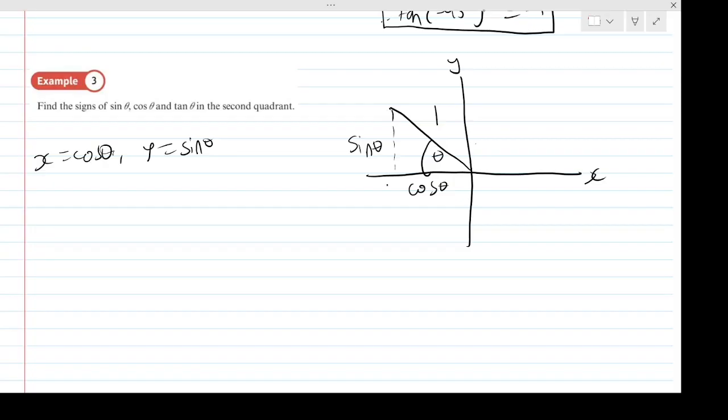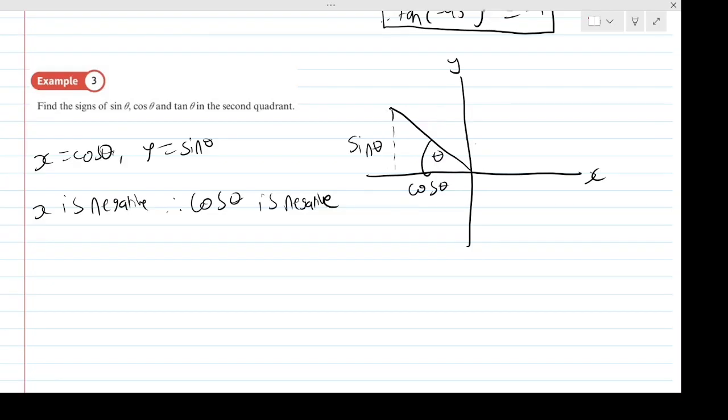Well, x is negative here, isn't it? Because it's on the negative x-axis. So x is negative. Well, that means that cos theta is negative, because it's just the x part. And also y would be positive, because it's on the positive y-axis.